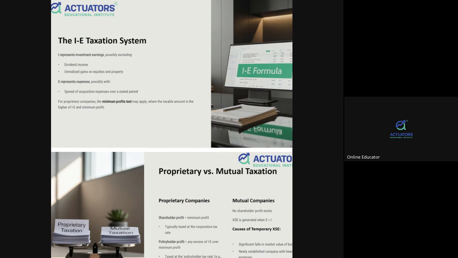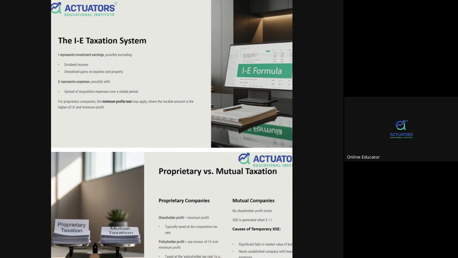That is, if the shareholder profit or trading profit is greater than your I minus E, or your policyholder profit is negative, then the minimum taxable amount for an insurance company becomes the trading profits or the shareholder profit, which is nothing but your premiums minus claims plus investment returns minus expenses minus increase in liabilities.